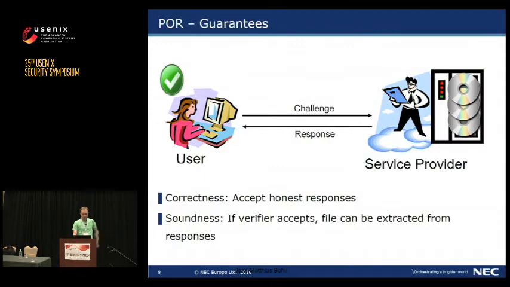Okay, what should it guarantee? Of course, such a protocol needs to be correct, meaning if the cloud is doing everything correctly, the user will accept. And we have the other requirement of soundness, or extractability, as it is called for this specific case, which means that if the verifier accepts, so if the user from this short protocol gets, okay, my data is still there, then indeed the data should be extractable.